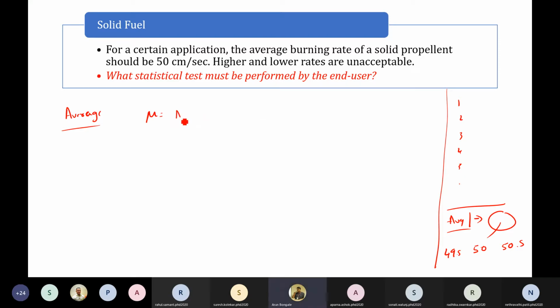Mu is the average burning rate. Now, what is the null hypothesis in this case? Very easy to frame. H naught: mu is 50. Now, what is the alternate hypothesis for this?